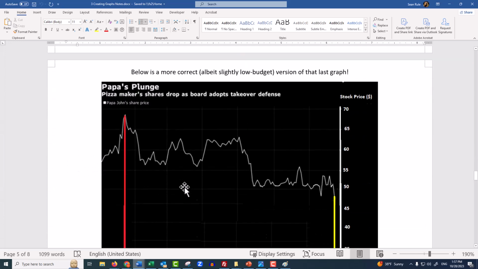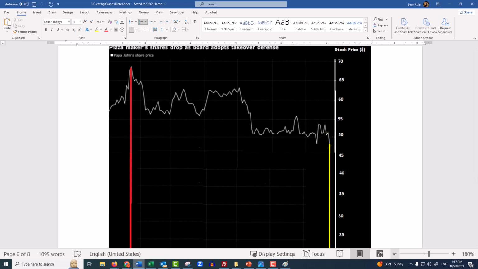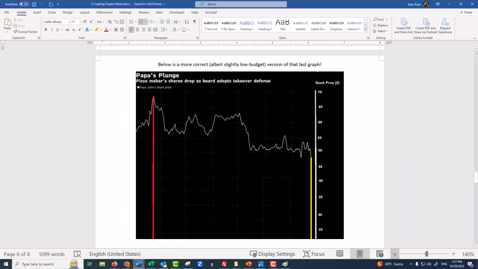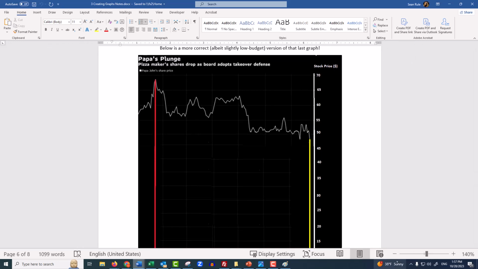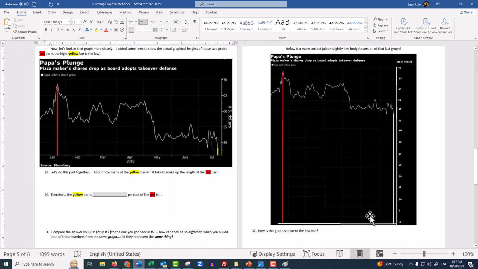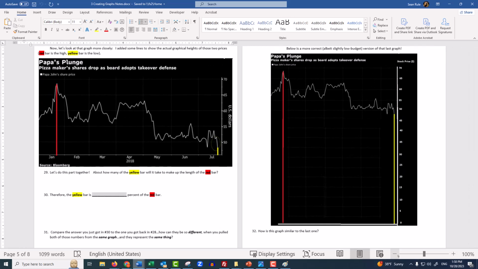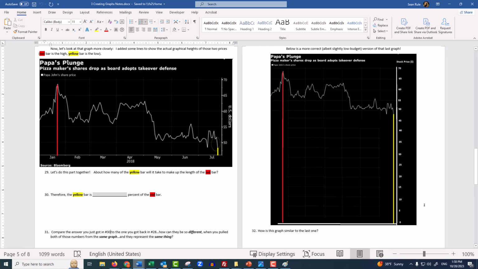And the answer is this. Let me zoom out here. This is what the graph with the yellow and the red on it should look like. If I have to zoom out so far, I have to look at both pages. I'm sorry about this, friends. You have the note sheet in front of you, so you can actually just read along with it.